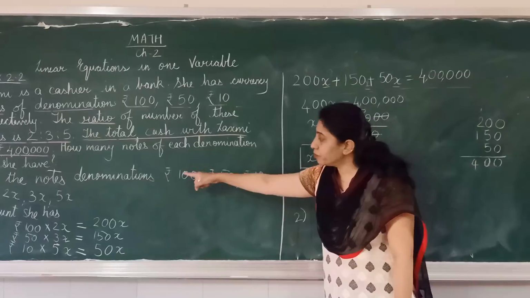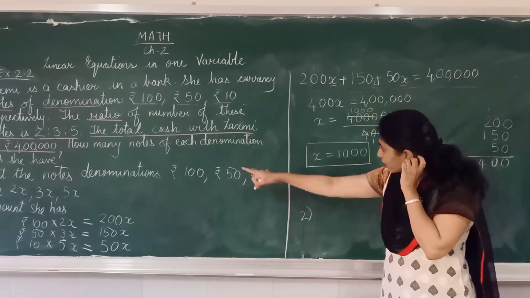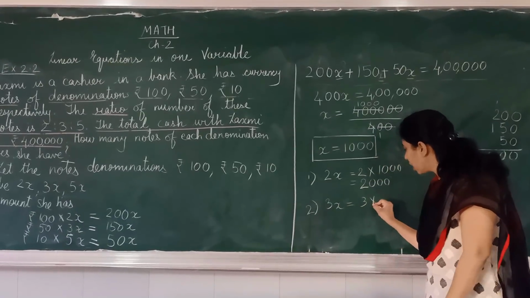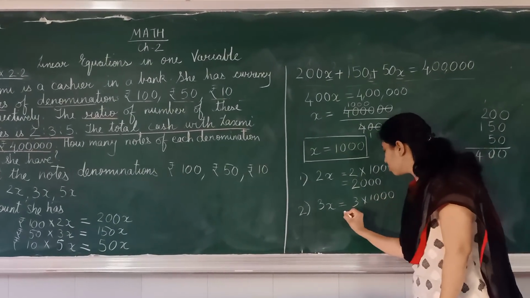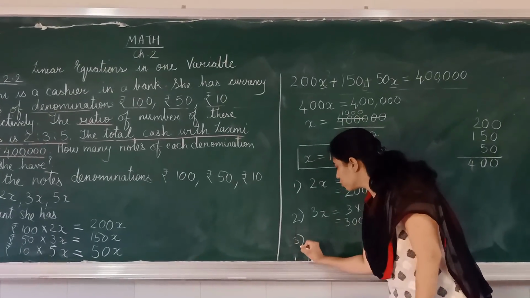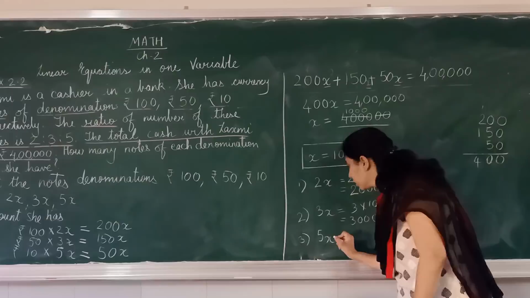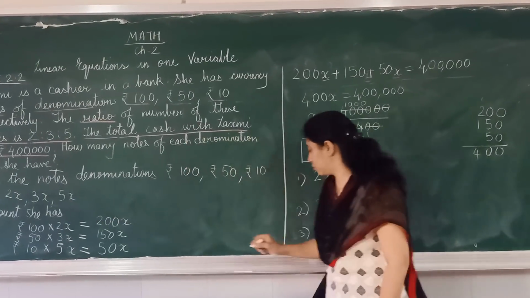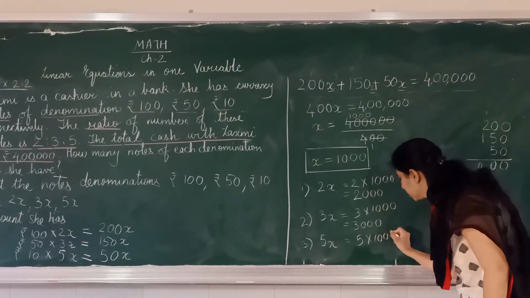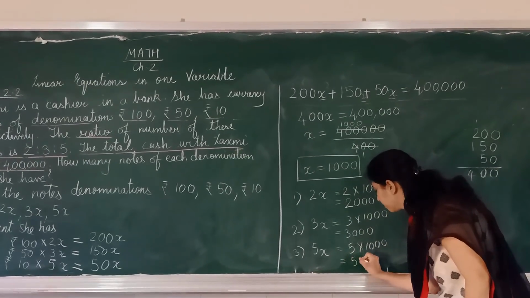Okay. Now what is the next one? It is 3x. So 3 into 1000 becomes 3000. Then the third one is 5x. So 5x is equal to 5 into 1000, so your answer is 5000.